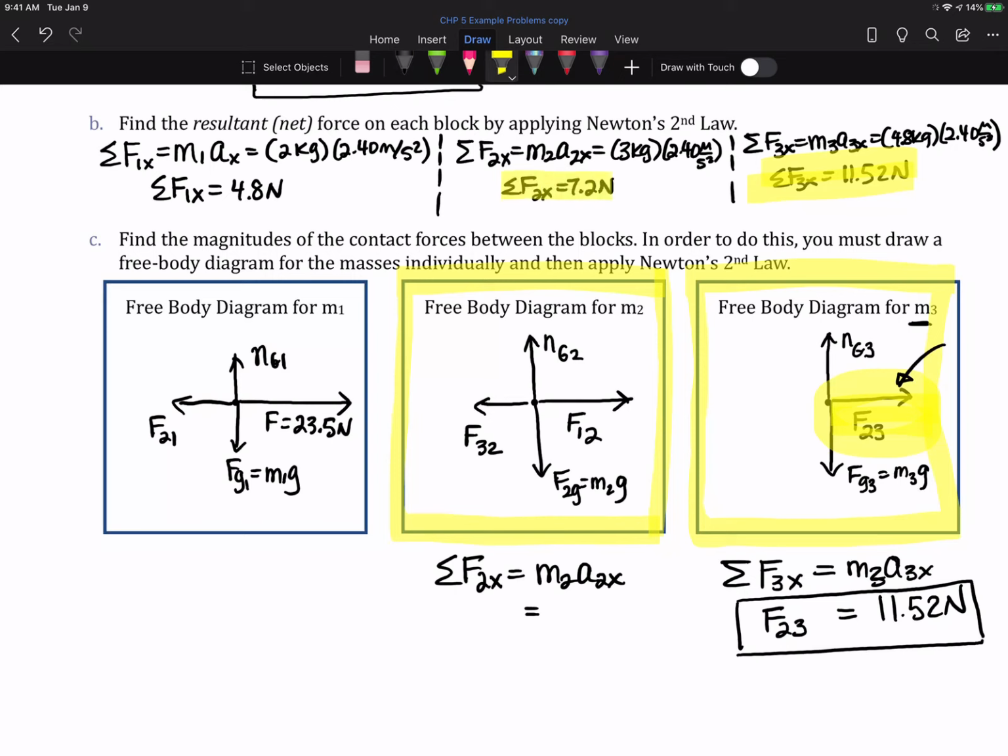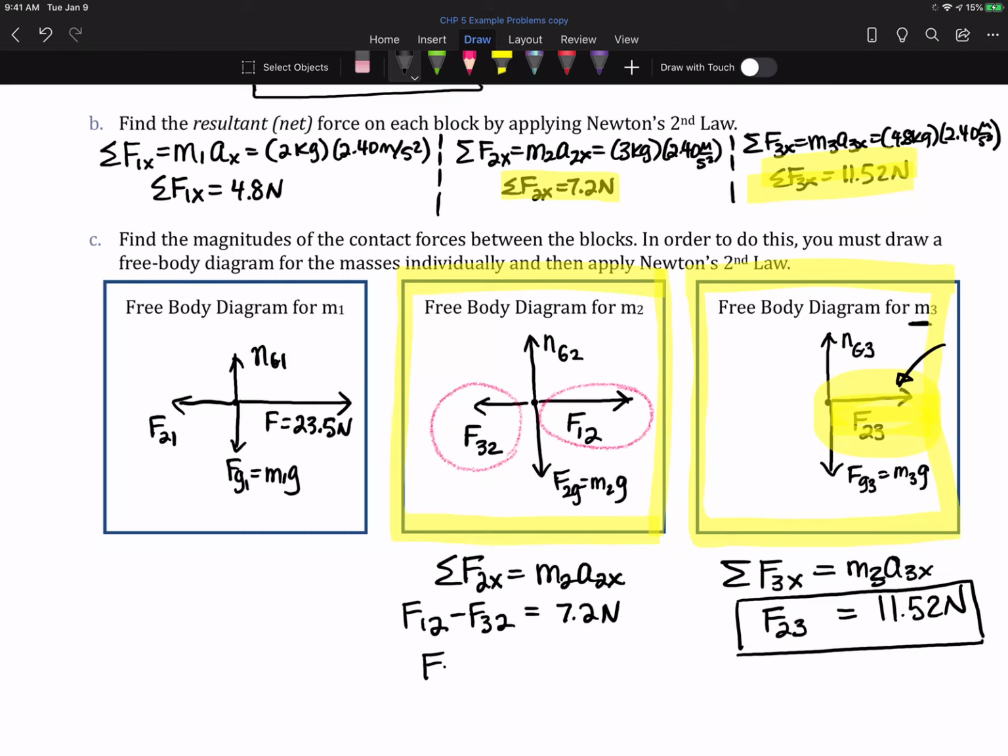Above, we found that the sum of the forces on 2 has to be equal to 7.2 newtons, because that was the mass times the acceleration. And now as I look in my picture, I have a force acting in the positive direction, which is the force that block 1 exerts on 2, and I have a force acting in the negative x direction, which is the force that block 3 exerts on 2.